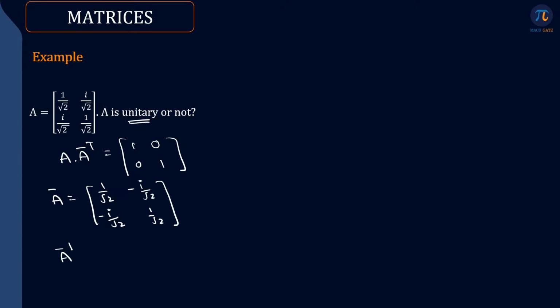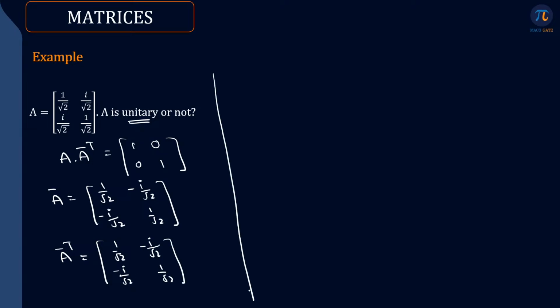What is the transpose of this? The conjugate transpose is 1 by root 2, minus i by root 2, minus i by root 2, and 1 by root 2. Now let us multiply A with A conjugate transpose. If you get identity, then it is unitary.